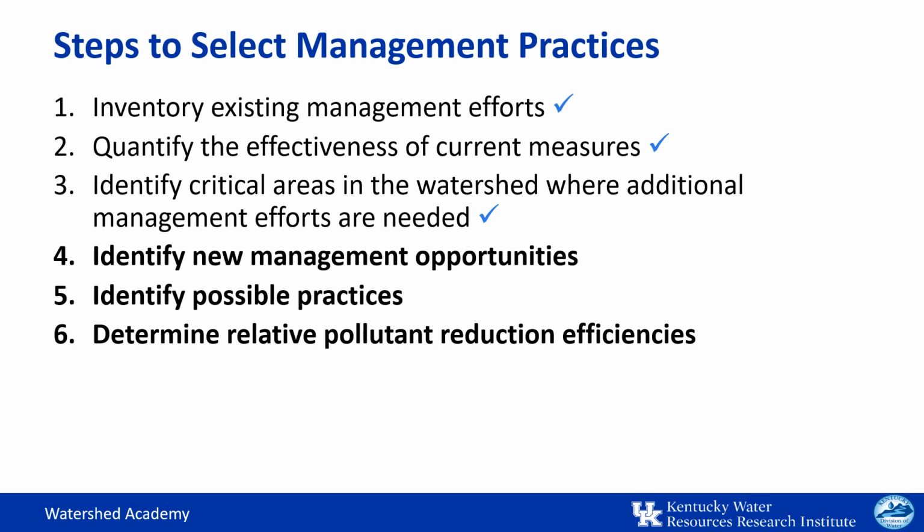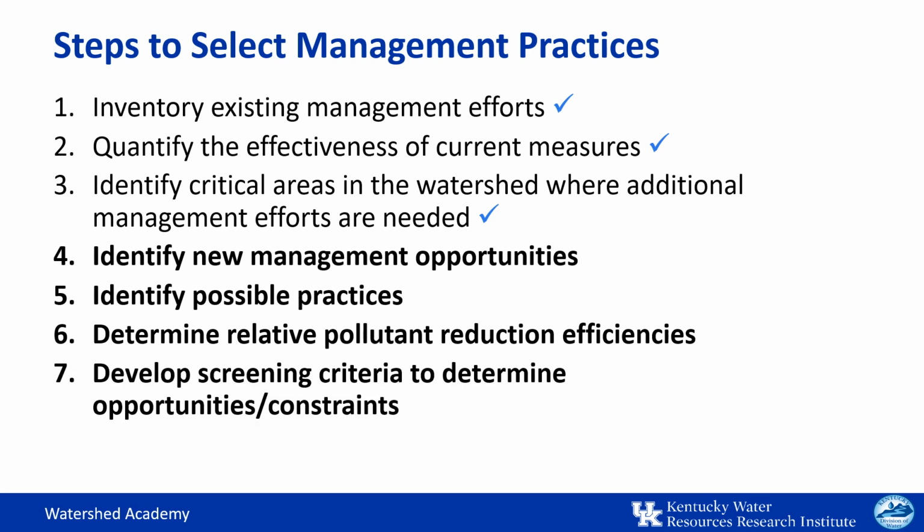This step will involve research into practice specifications to help you determine which ones have the greatest pollutant removal effectiveness under your existing conditions, which may be most feasible, and which practices may be most acceptable to the landowners. After researching these candidate management measures, you should have enough information to analyze each opportunity using the screening criteria that you develop.